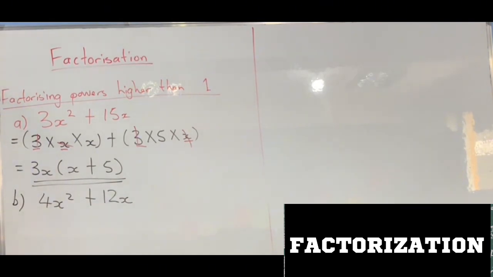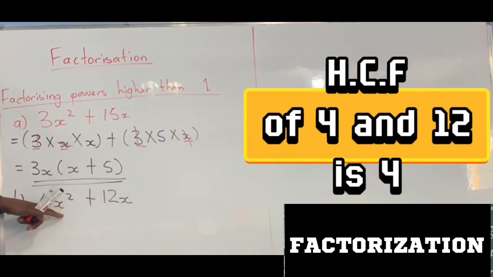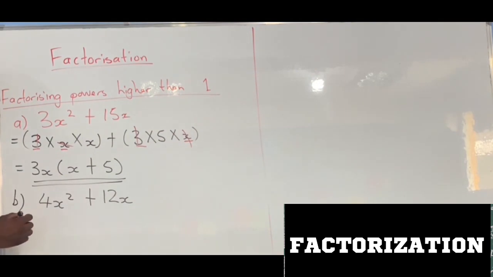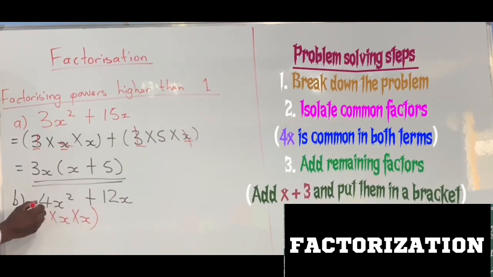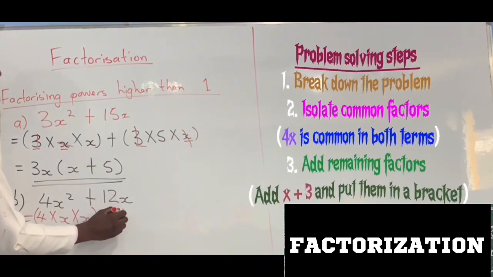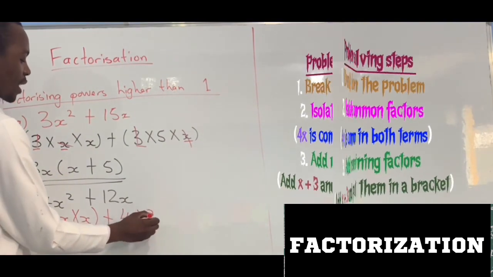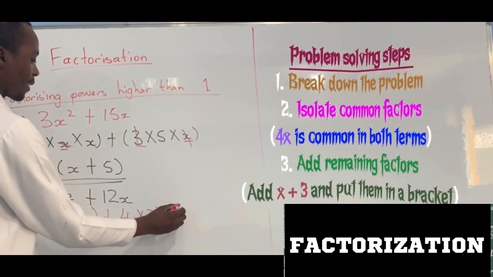Break it down to its smallest, but here we can already see that we don't need to multiply 2 by 2 because the highest common factor here is 4. So now we're going to break it down like this. It's going to be 4 multiplied by x multiplied by x plus 4 multiplied by 3 multiplied by x.